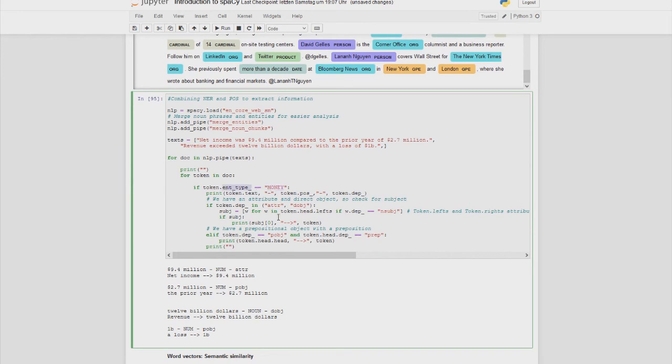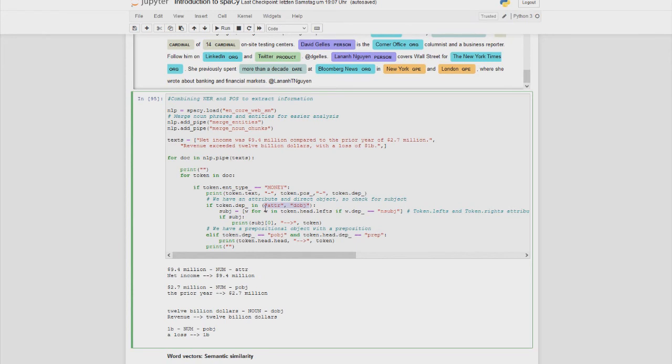So now with this line, I'm only targeting tokens that have this entity type money. Now I'm looking into the dependency attribute of these tokens which have the entity type money, which in this case should be or could be the direct object or an attribute.